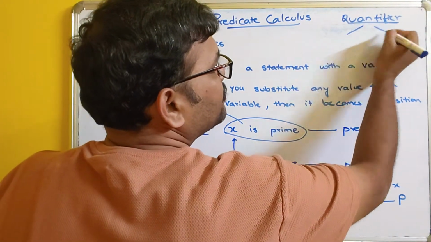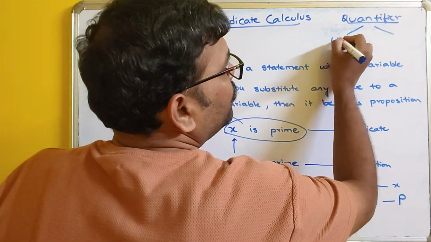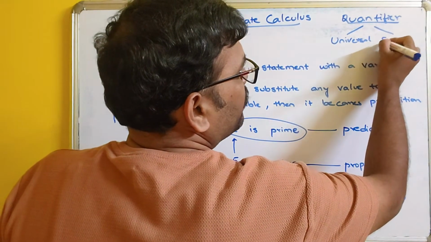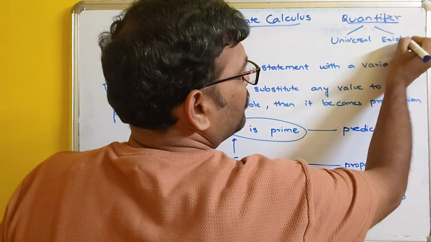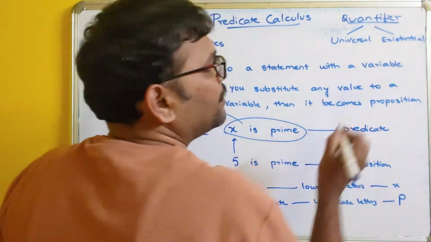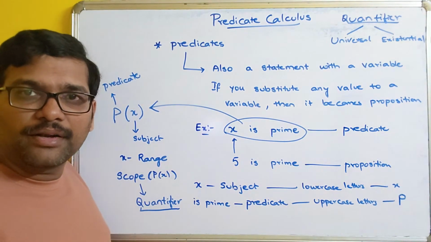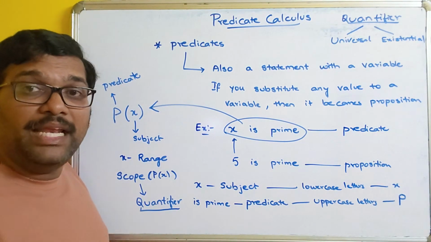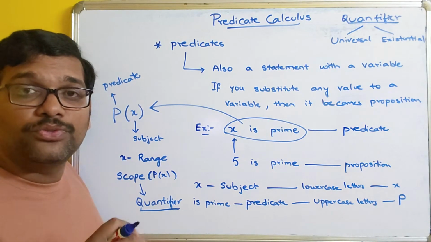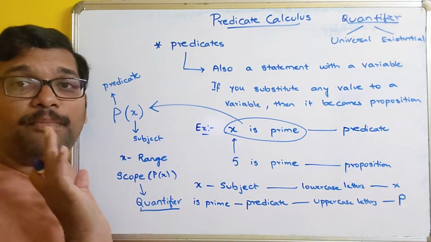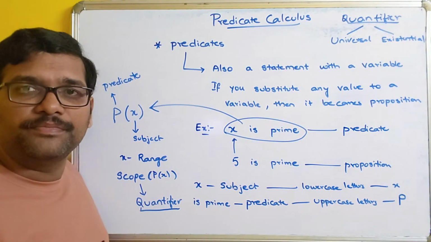One is universal, the next one is existential. So the universal quantifier and the existential quantifier. Mainly these two quantifiers are used to give the scope, that means up to what extent that predicate can be used.